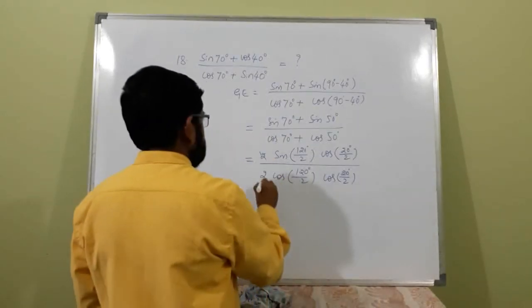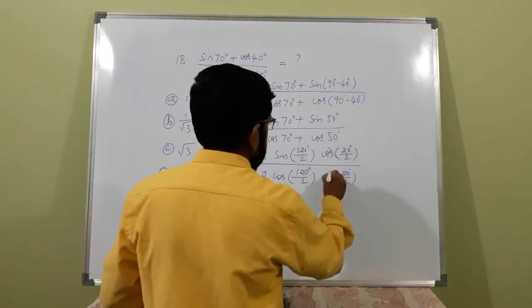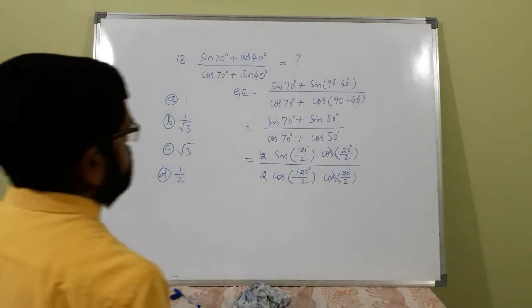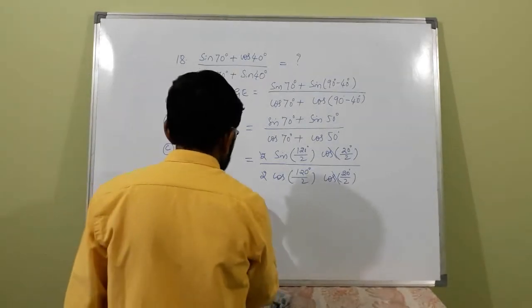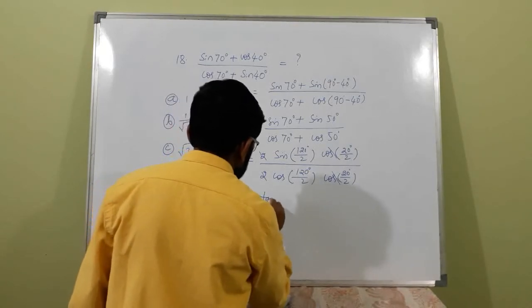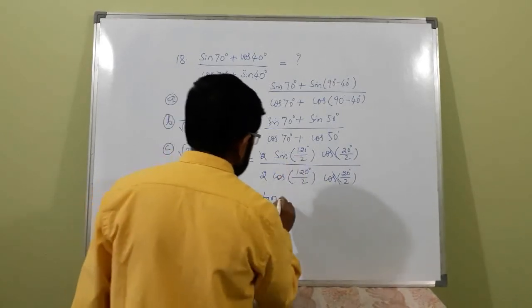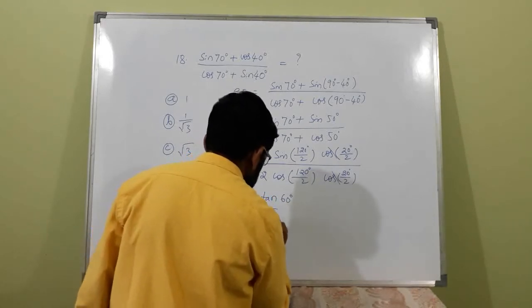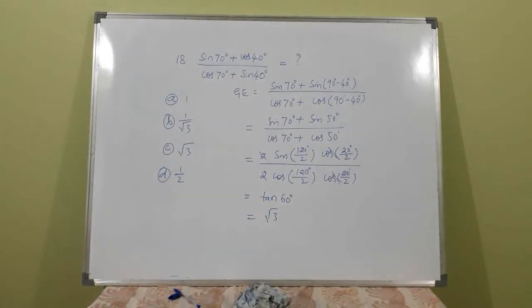These two get cancelled, cos 20 by 2 and cos 20 by 2. This is sin 60 over cos 60, so tan 60, our answer is root 3. C is the correct answer.